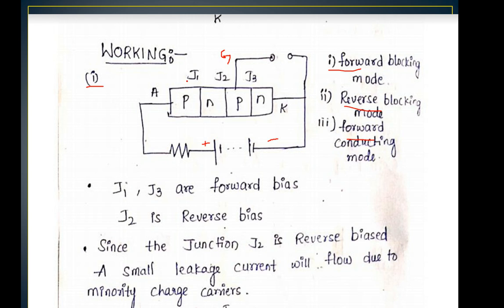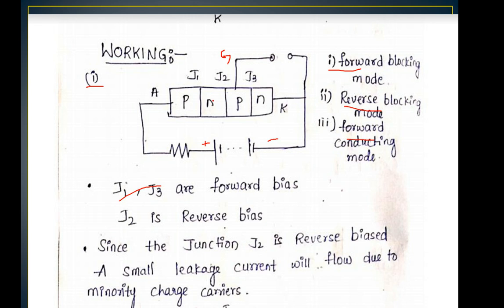So junction 1 and junction 3 are in forward bias. Whenever you make the connections, that is P to positive and N cathode to negative, junction 1 and junction 3 are in forward bias and junction 2 is in reverse bias.